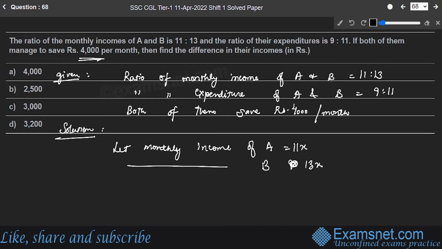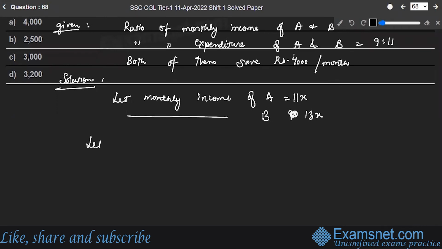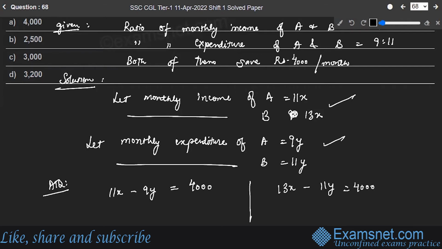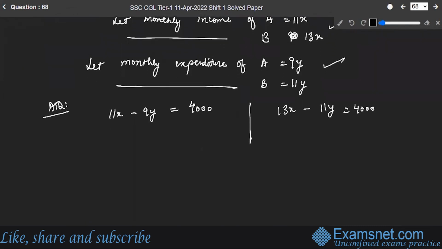So also let the monthly expenditure of A be equal to 9y and B equal to 11y. According to the question, 11x minus 9y, that means income minus expenditure, is equal to 4,000. Also 13x minus 11y is equal to 4,000. So you have two equations in two variables.